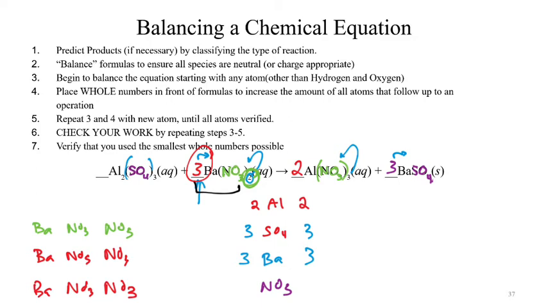So what that's going to mean is the work that we went through, you missed one of the cases where we put a number in. We had ones initially, but that became a 3 and a 2. When we balanced the nitrates. Because the nitrates, to get even on both sides, we had to find that lowest common multiple of 6. So that means we had to change the coefficient in front of that whole expression that contained the nitrate. On the right-hand side, how many nitrates do we have?